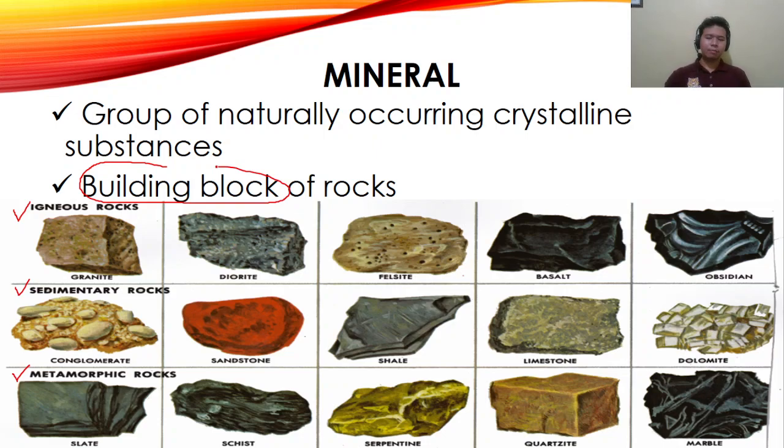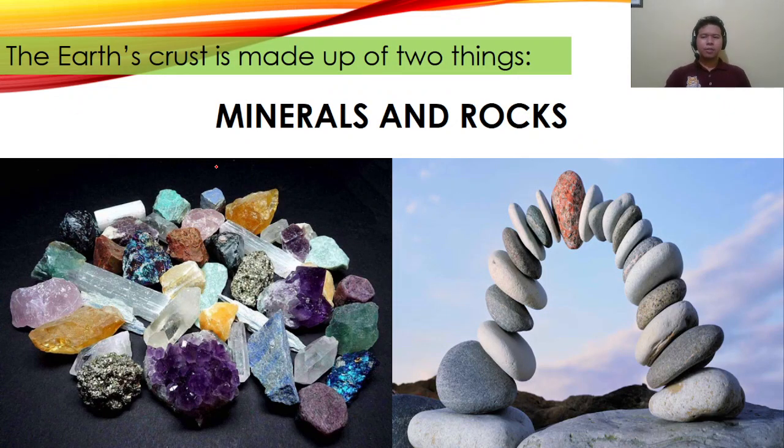Now, in the Earth's crust, there are two types of materials, minerals and rocks. That's the main composition of the Earth's crust. Minerals are usually made up of crystalline structures.